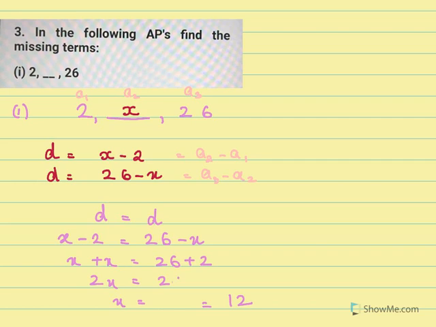So x equal to 28 over 2, and x will be 14. So you look at the AP now. So one was 2, then we said this was a missing term. We found 14, and 26. See the difference between these two terms. It is 12. The difference between these two terms is also 12. The common difference is the same.